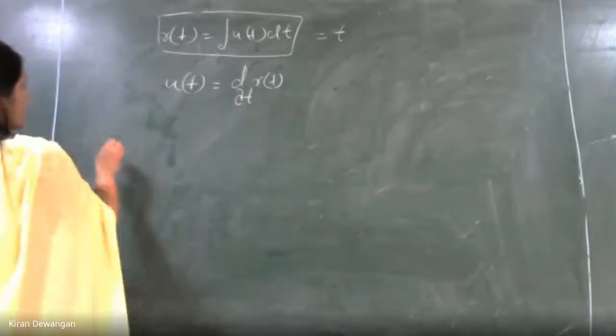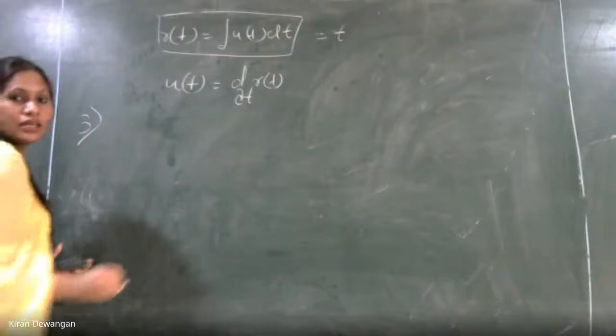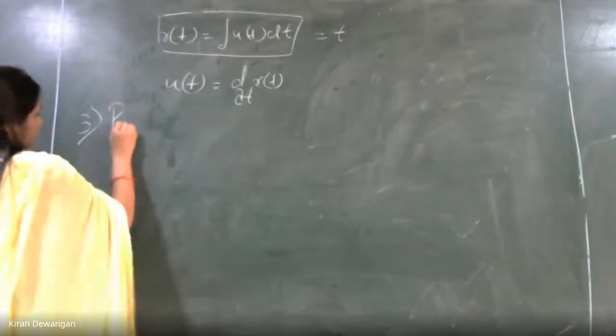Now the next signal, the third one, is the parabolic function.